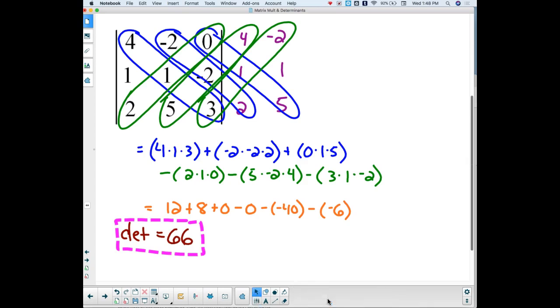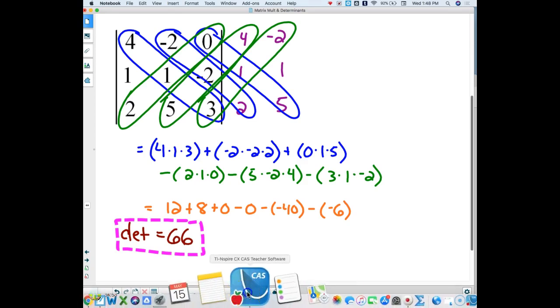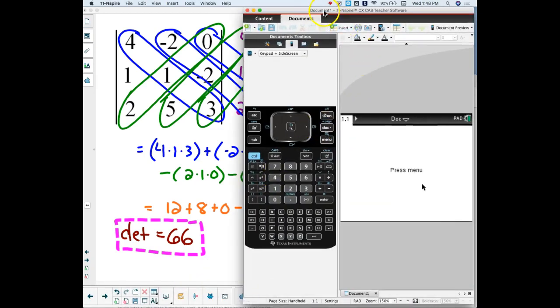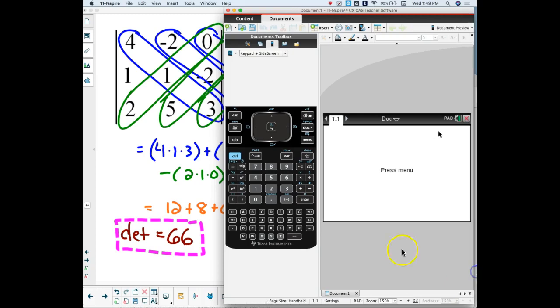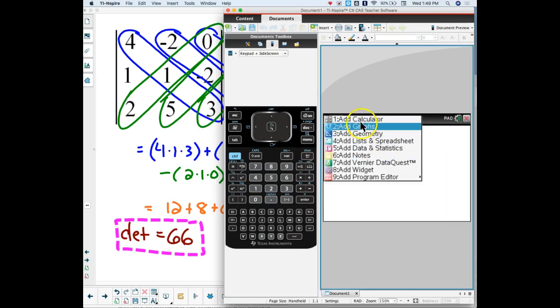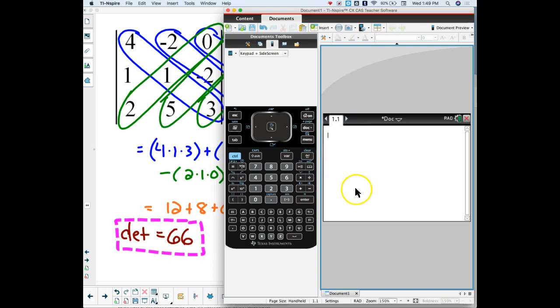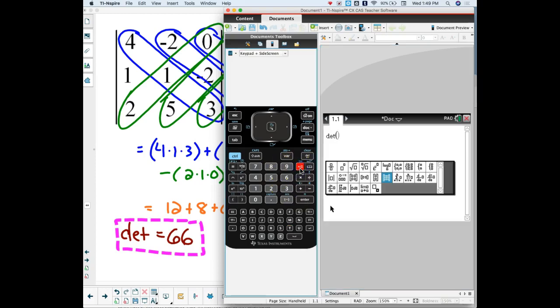Last way is utilizing a calculator. On the Inspire calculators, I can type in DET, and that sets up my determinant. If I open up a set of parentheses, then I can put in a matrix.